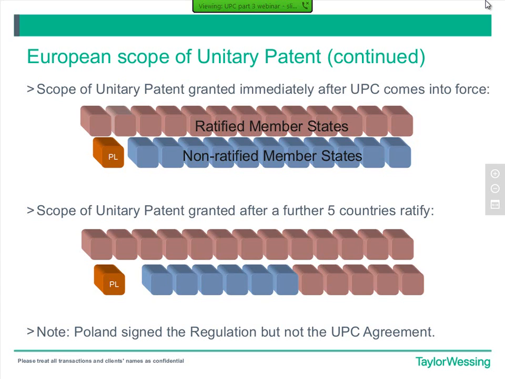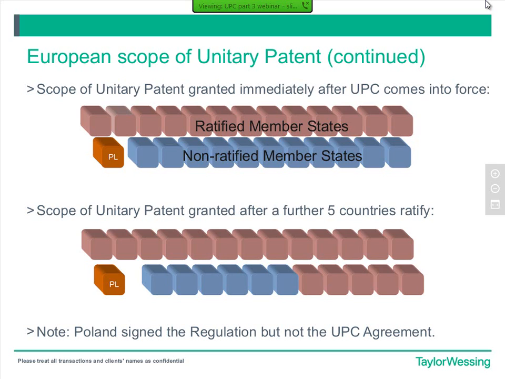When the cube is blue, that's when the country has not ratified. And the cube in orange, marked PL, stands for Poland. And Poland is kind of different because Poland has signed the regulation, but it has not signed the UPC agreement.